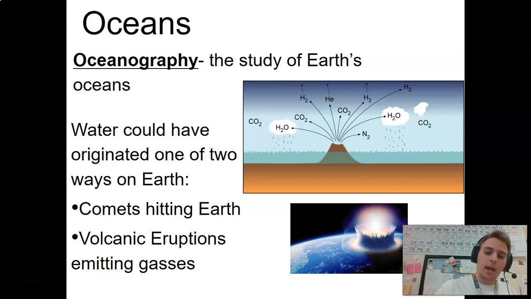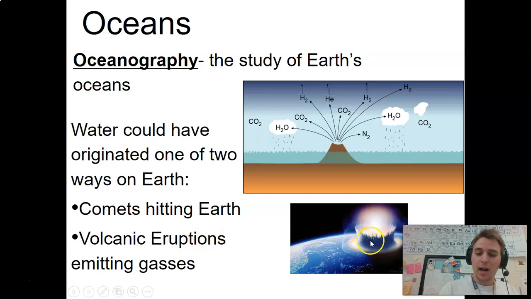Okay, and an important thing to know about oceans, kind of like what we've already talked about, is that most of the water on Earth is in the oceans, about 98% of it, almost 97.5. There's one of two ways it could have come: either comets hitting the Earth, or volcanic eruptions emitting gases into the atmosphere. Probably both, actually.